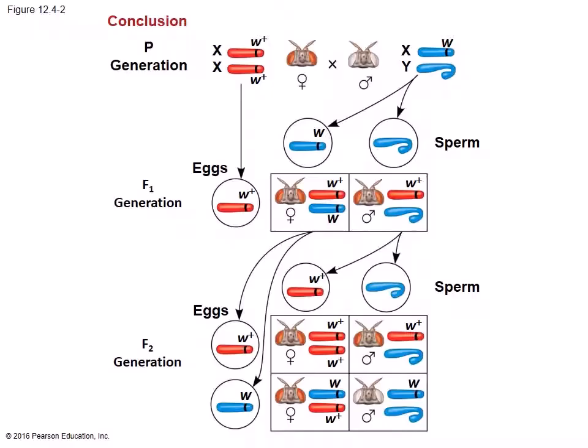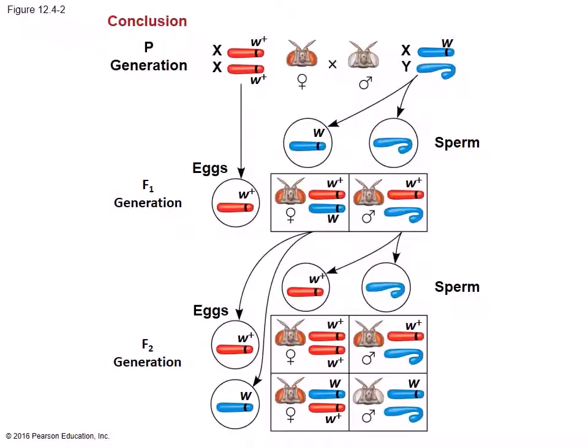Eye color in fruit flies is an example of an X-linked trait. The red eyes are dominant to white eyes. They use the W plus notation to denote red eyes. In this example, we've got a homozygous red-eyed female and a white-eyed male. The male can give an X chromosome with the white eye allele or a Y chromosome, and the female can only give an X chromosome with the red eye allele because that's what she's got two copies of.